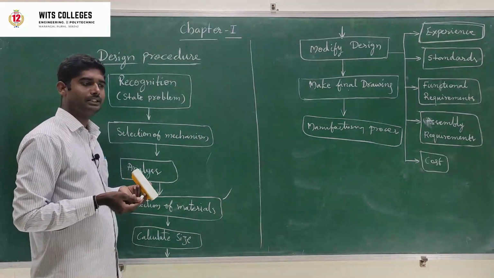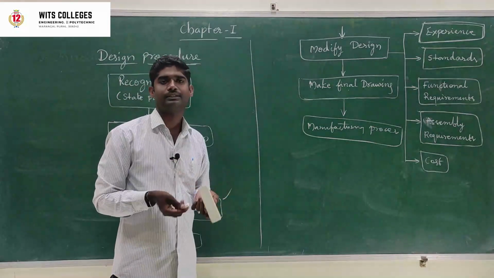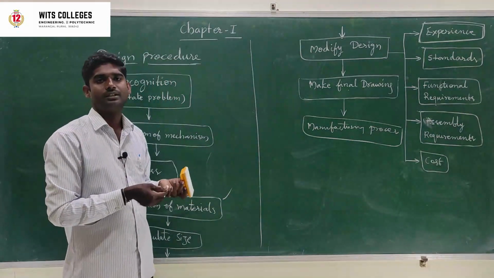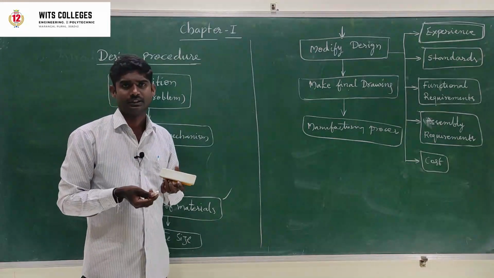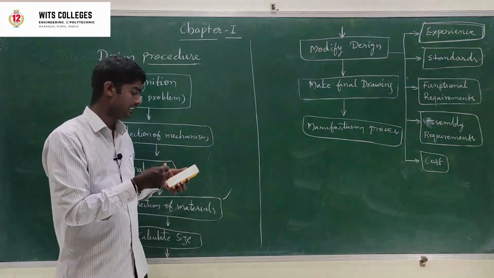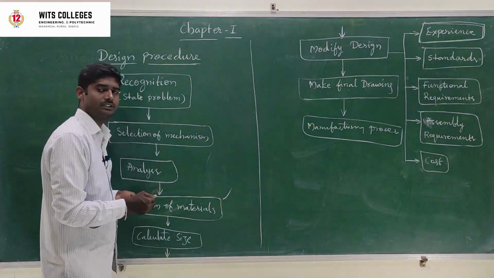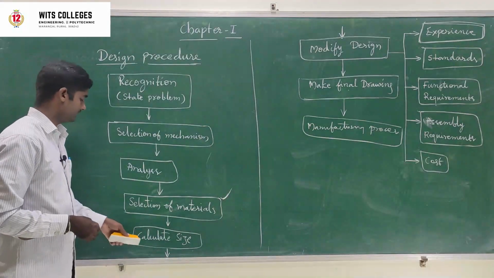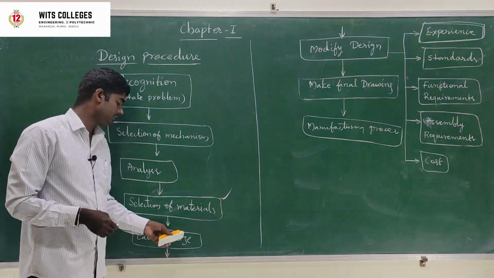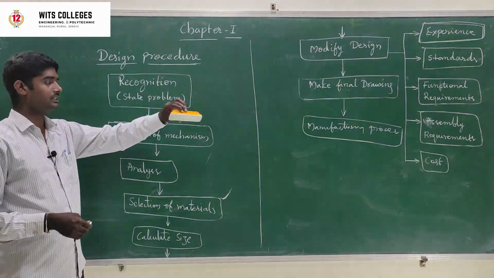Different materials have different applications and strengths, and different costs. Using all those things, we select the materials. That is one step, selection of materials. Next, go for calculating the size. This is one duster.